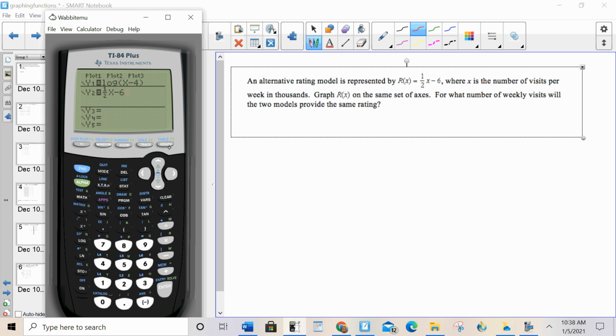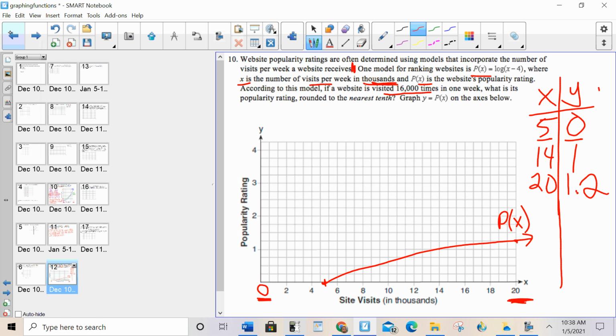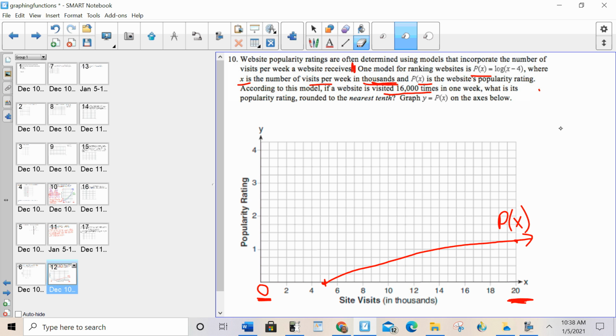Again, I'm still going from 0 to 20. So I'm going to just erase what I have here. And I'll do this in green. This is going to be R of X now.